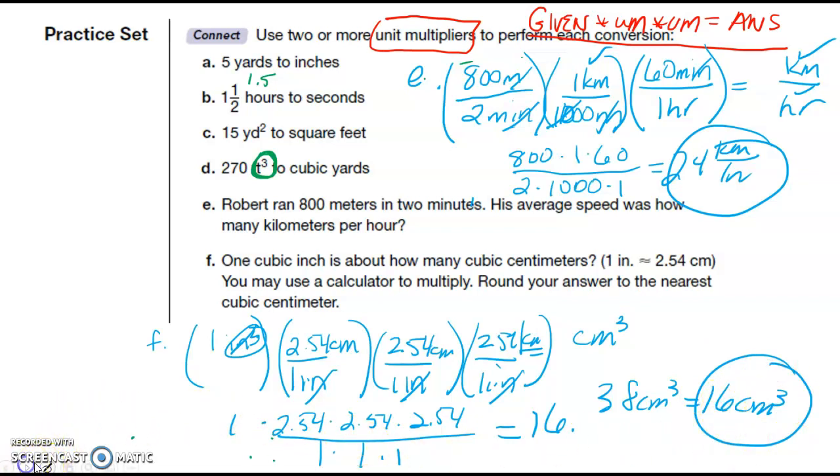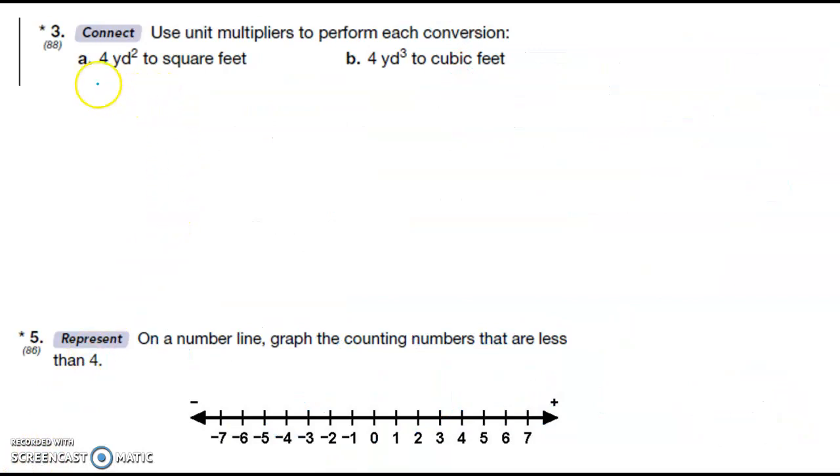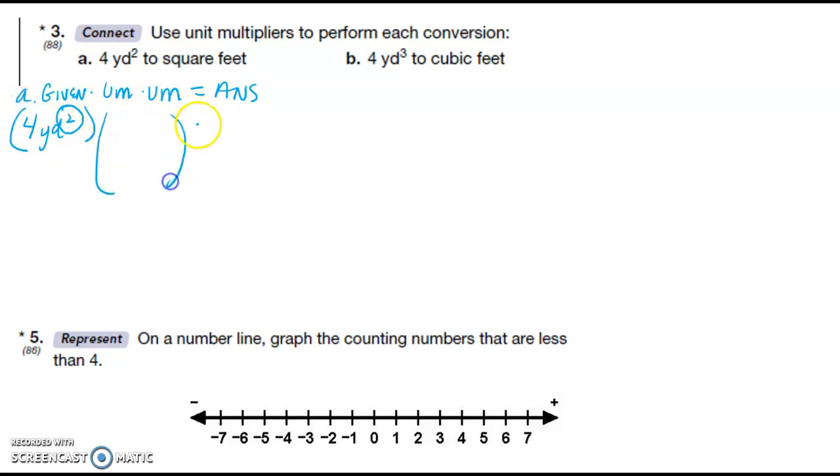All right, let's get on to the starred problems here. Okay, more of the same. So A, we're going to use our given times unit multiplier, however many we need, gives us our answer. So we're given 4 yards squared. This tells us I'm going to need to do 2 to get to feet squared.